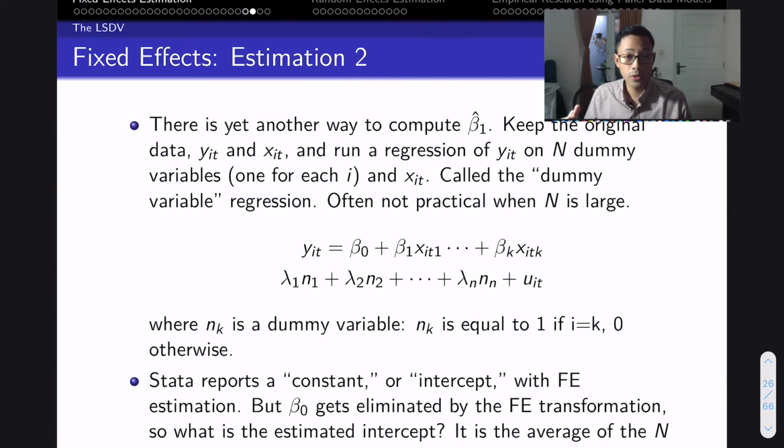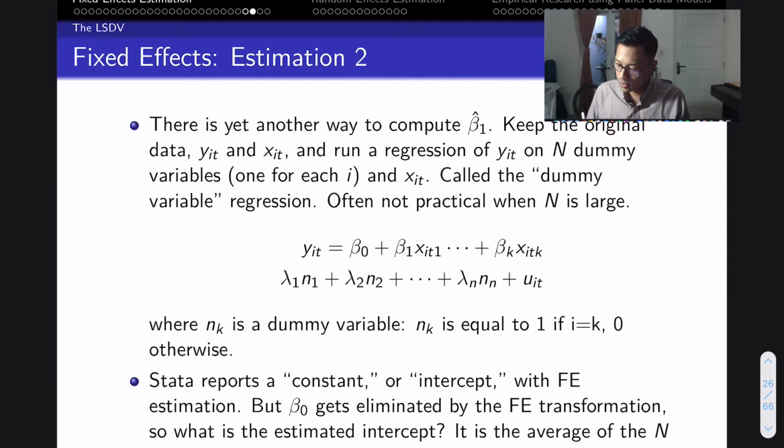So we're just going to include a dummy for each individual in the data set, if we have an individual level data set, or, for example, if we have a firm level data set, then we're going to include firm fixed effects. This is called the dummy variable regression.